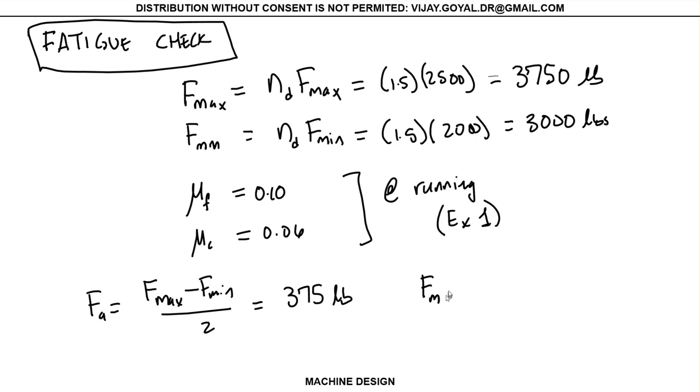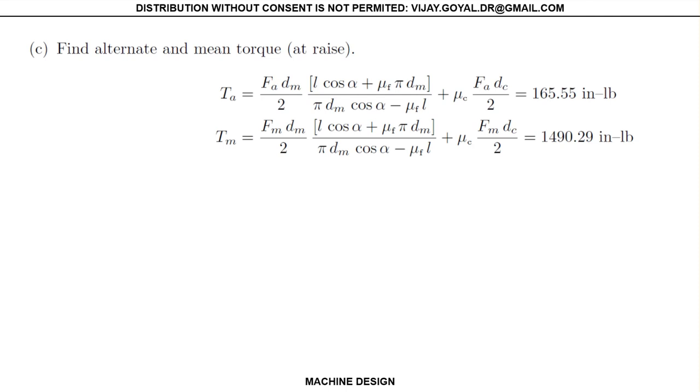Then you want to find F mean, which is F max plus F min divided by 2. You add these two and divide by 2, and you get 3375 pounds. Once you have that information, your next step is to calculate your alternate and mean torques.